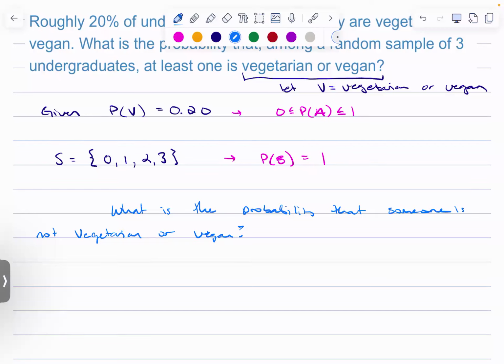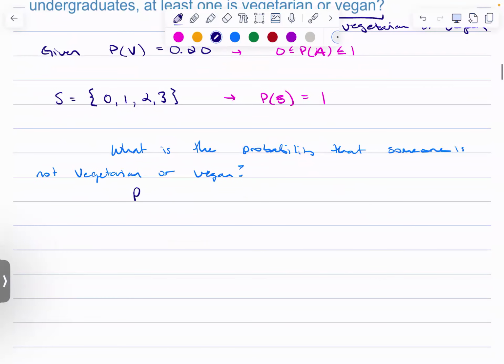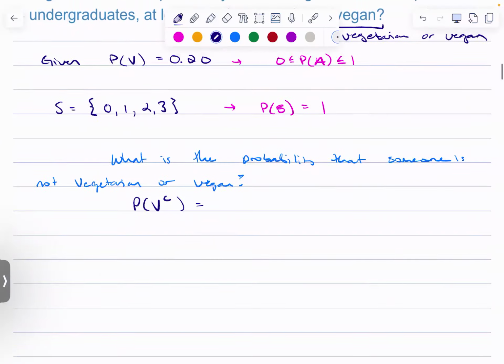That's the complement, right? How we denote that is the probability of V with a superscript C, which denotes the complement of an event. And generically, the complement of an event is 1 minus the probability of V, right?